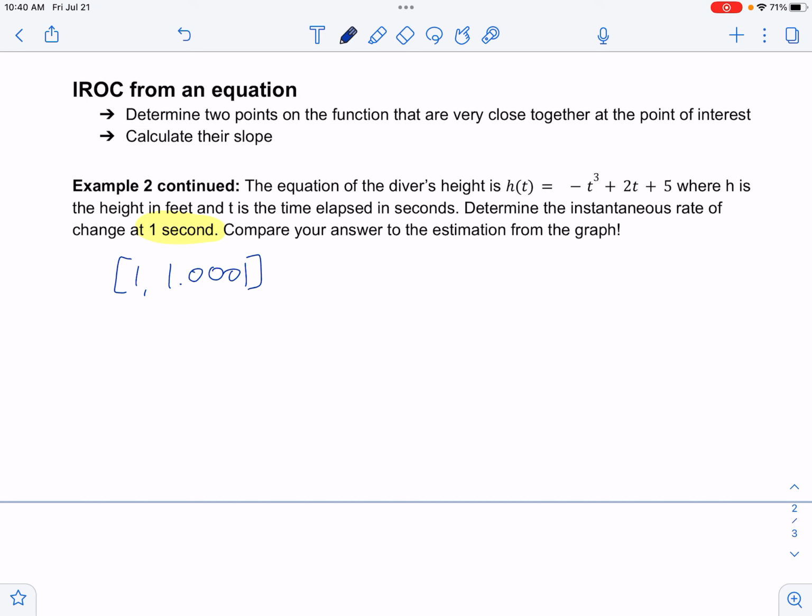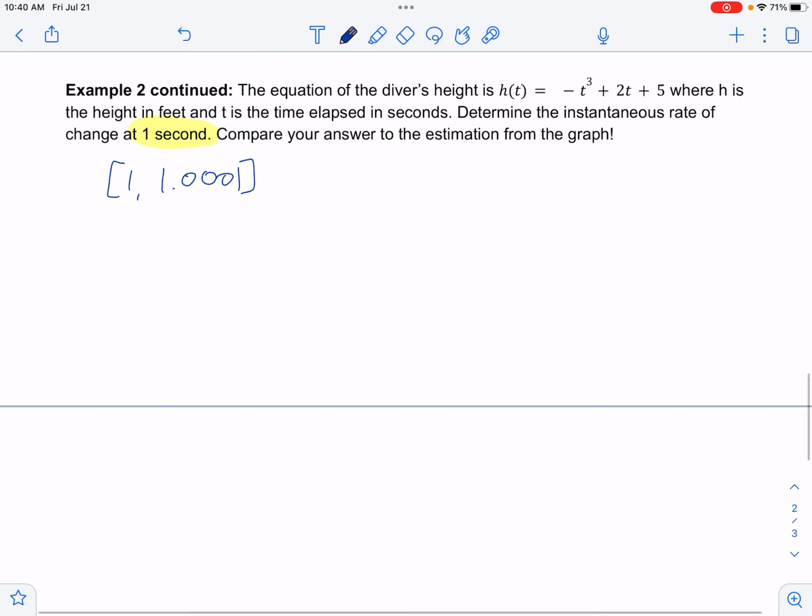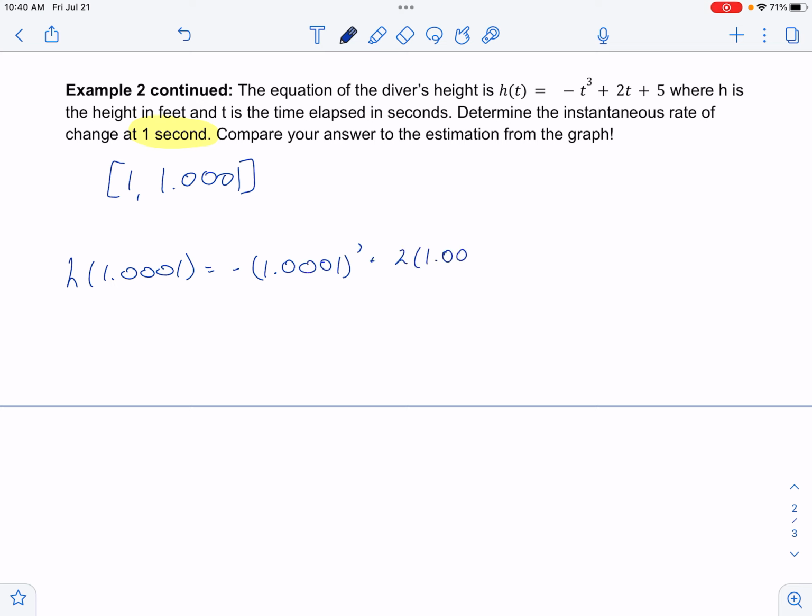We need to find what our function is at these 2 points. First, I'm going to check h(1.0001), so that'll be −(1.0001)³ + 2(1.0001) + 5.